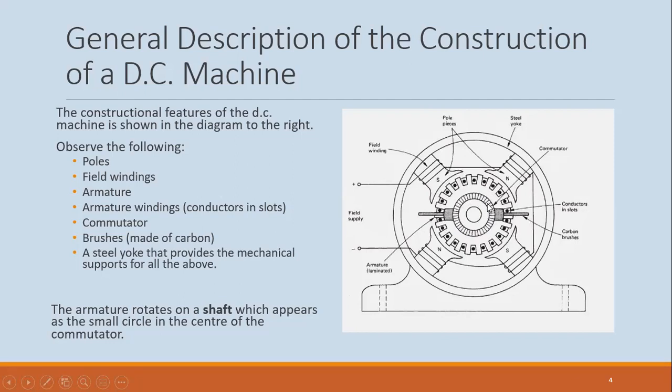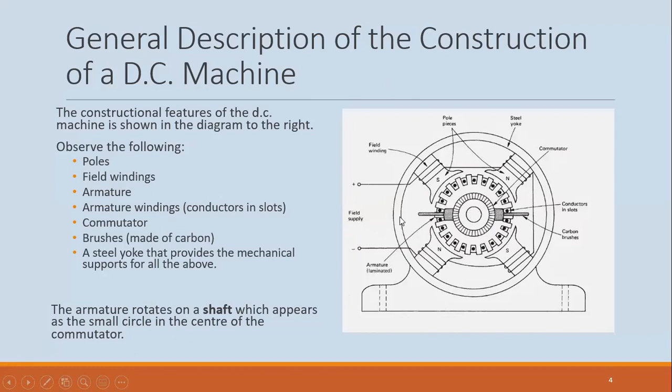Basically, it converts an AC created EMF into a DC output. And that output current or input current would be sent into the commutator and then into the armature via these brushes that are situated resting on the commutator.